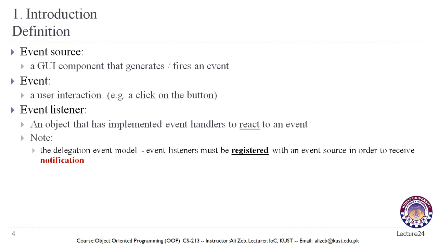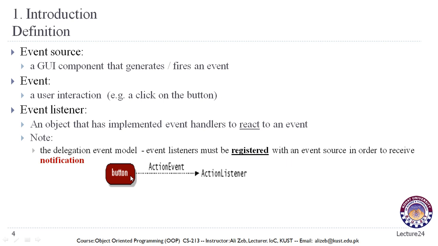We should note that in the delegation event model, event listeners must be registered with an event source in order to receive notification. Now we'll look at an example of how we register a listener with the source, but naturally we should associate an event listener with the source.